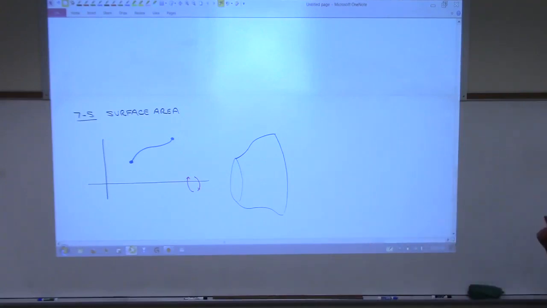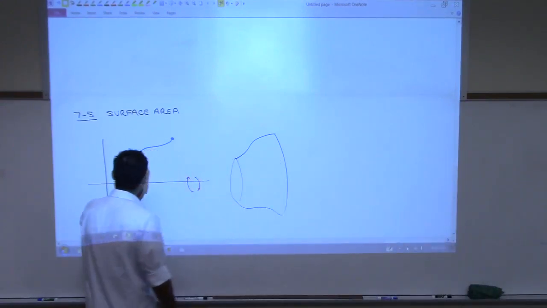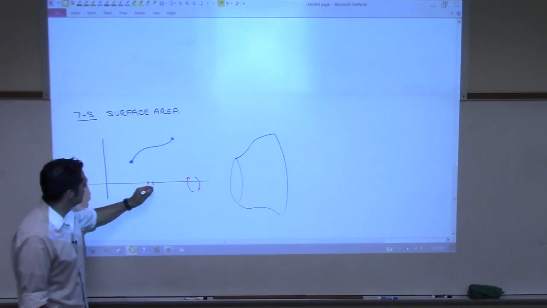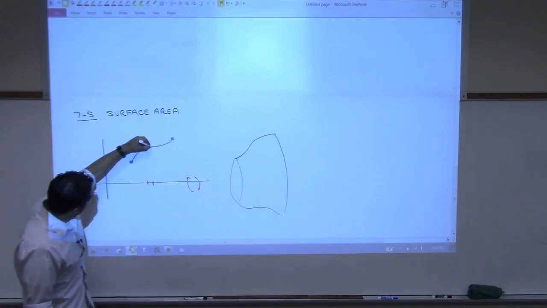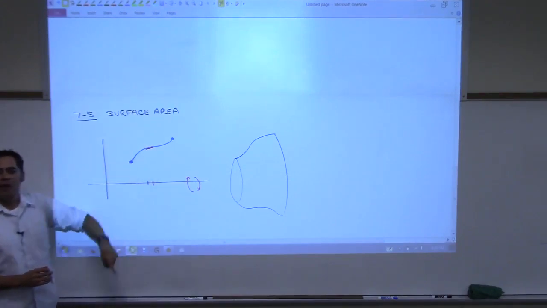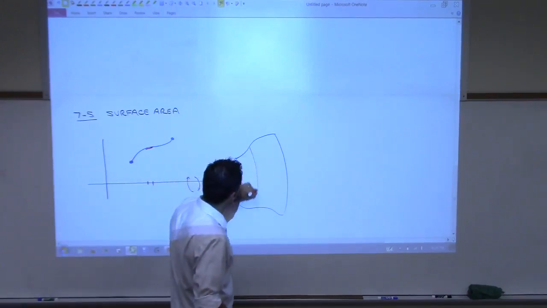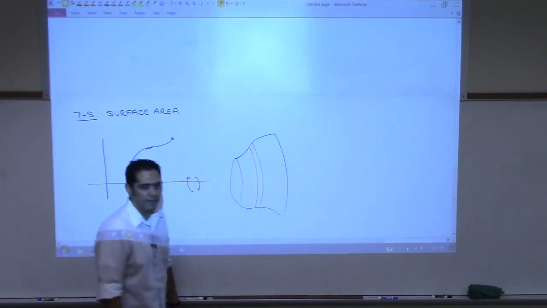Very good. But there's a little bit in there we have to be careful with. So let's go back over here. Let's do an infinitesimal cut, and take just this right here and wrap that little segment around. If we wrap just that little segment around, it would have given us one little strip of this, wouldn't it have?